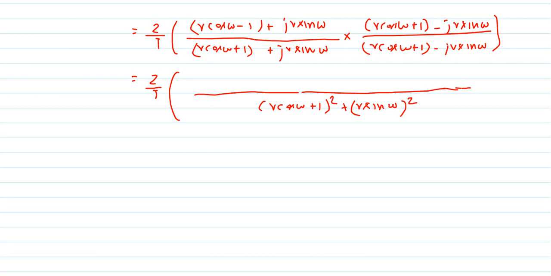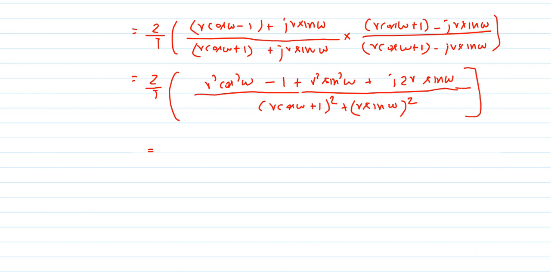Okay, so the numerator, if you multiply, you'll actually get r² cos² ω − 1, since this is (a + b)(a − b), plus r² sin² ω plus j times 2r sin ω. That's what you'll be getting when you expand it.